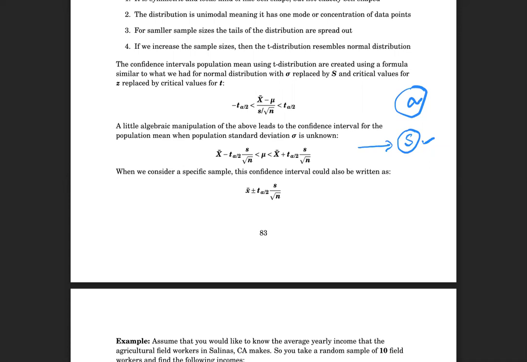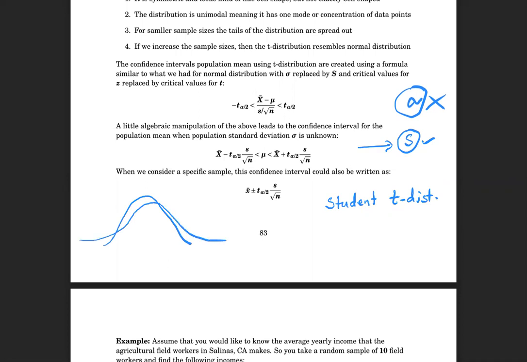When you're dealing with sample standard deviation, you do not know sigma. That means population standard deviation. In that case, you'll be using student t-distribution. That means you cannot use the normal distribution. The difference between normal distribution and student t-distribution is that student t-distribution is a bit stretched compared to the normal.